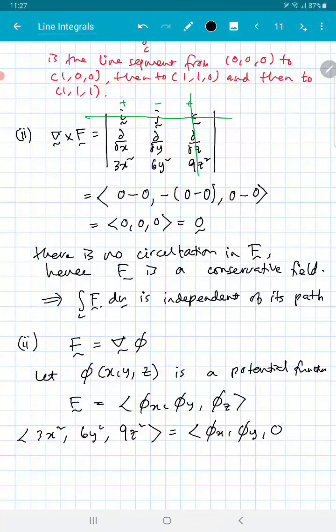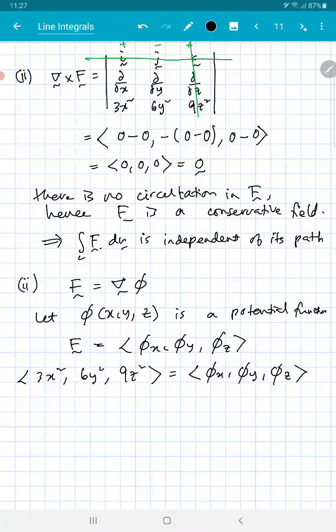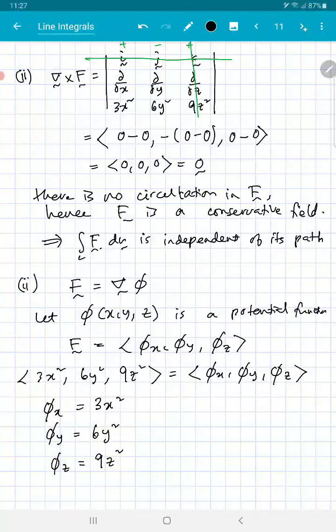Two vector functions are equal if and only if the components are equal. So partial phi partial x must be equal to 3x squared, partial phi partial y must be equal to 6y squared, and partial phi partial z must be equal to the z component of F.